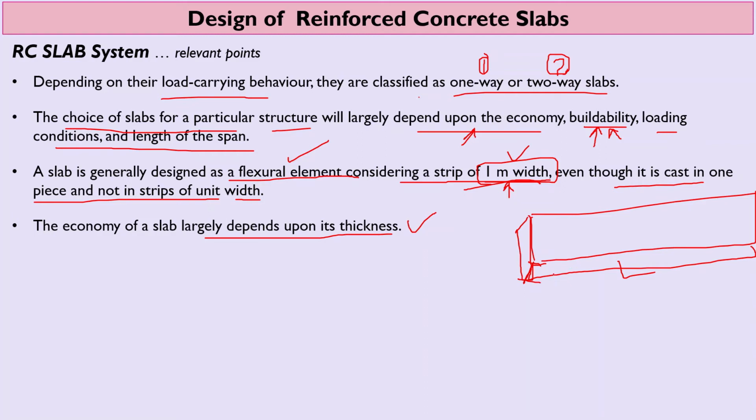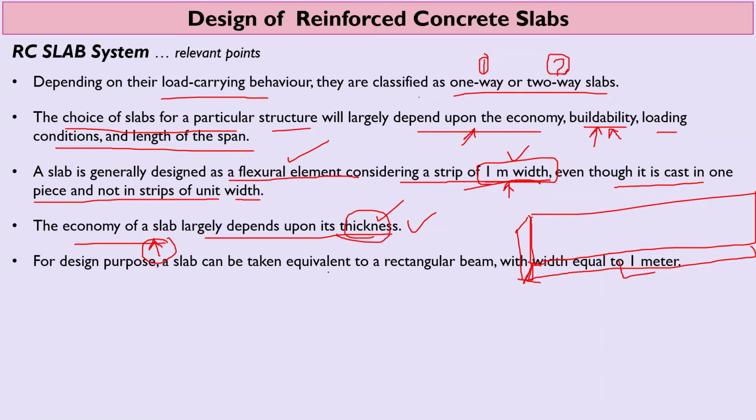That means how much material is required, and accordingly economy will be checked. So whatever the cost of the slab and the construction material required, that directly depends upon the thickness of the slab.